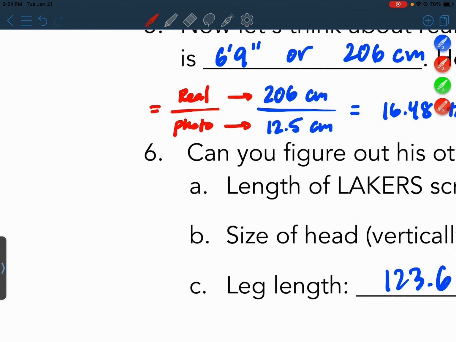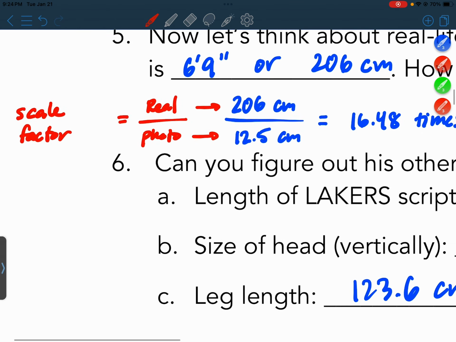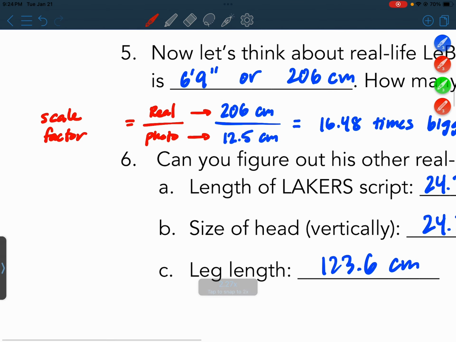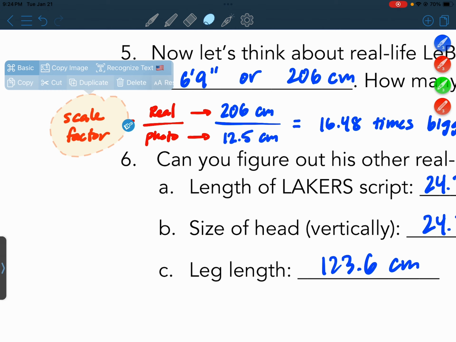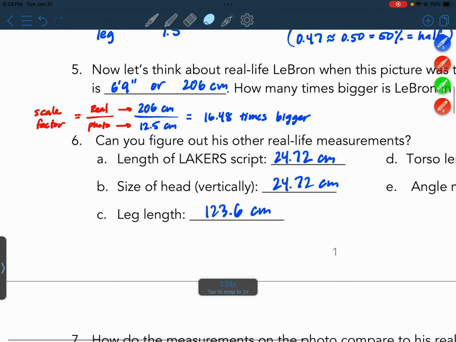And we're going to call this ratio, or this fraction, the scale factor. To scale something means to enlarge it or to shrink it. In this case, we are enlarging the photo measurements by a factor of 16.5.